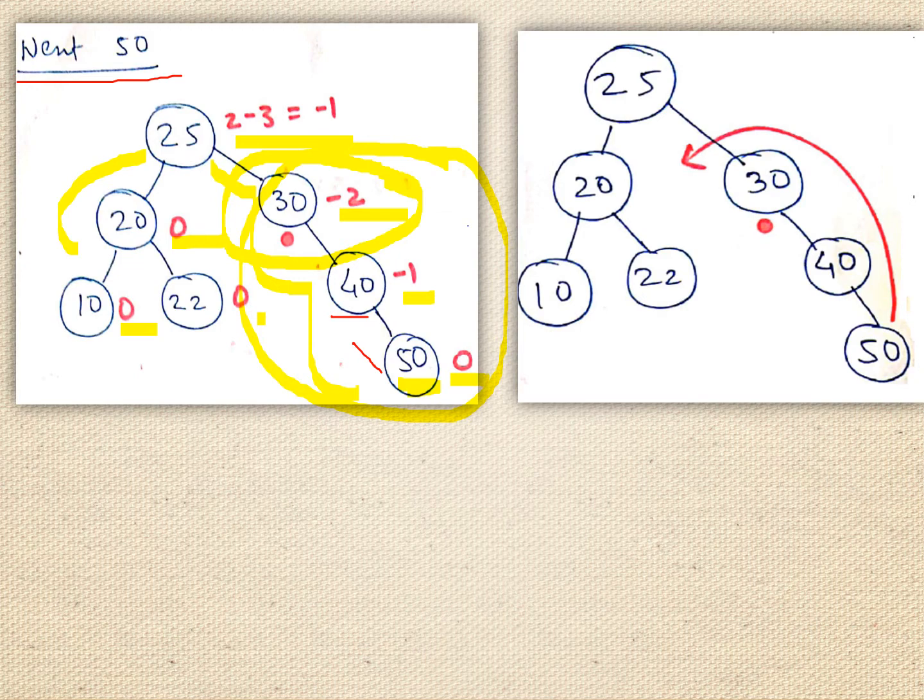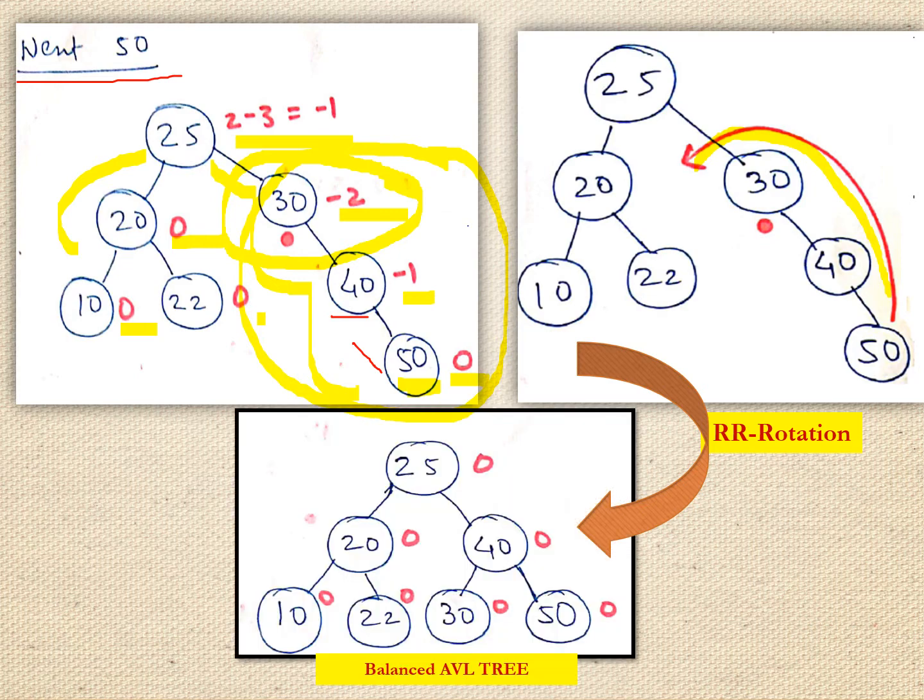So what we will be doing, we'll be shifting this 30 towards the left. This is RR rotation. So what will we get out of it? Your 30 node will be shifted down, 40 will take the position of your 30 and 50 node will be as it is. So you can verify that 50 is there as it is, this 40 is shifted upwards, and then 30 is shifted down.